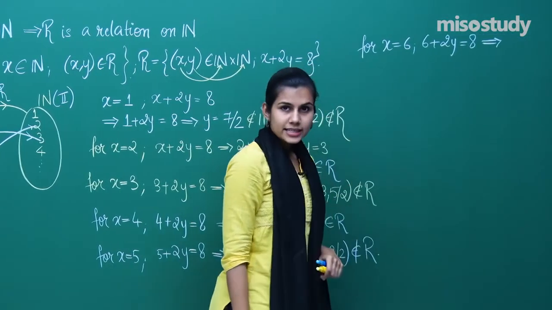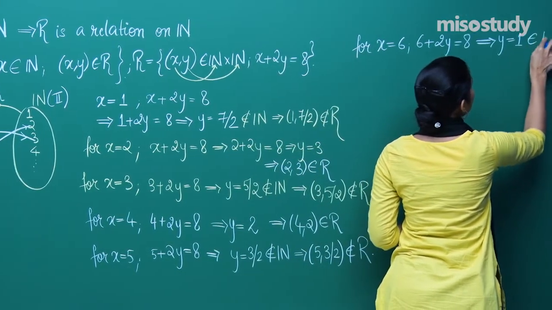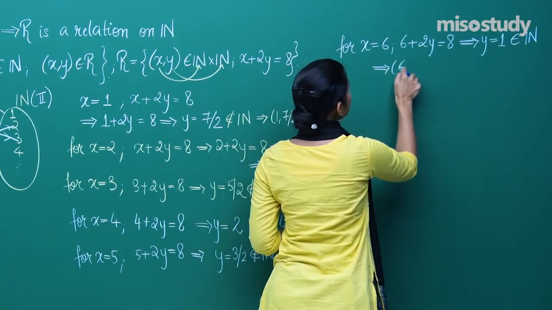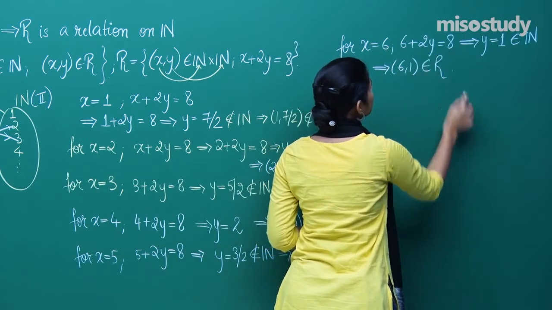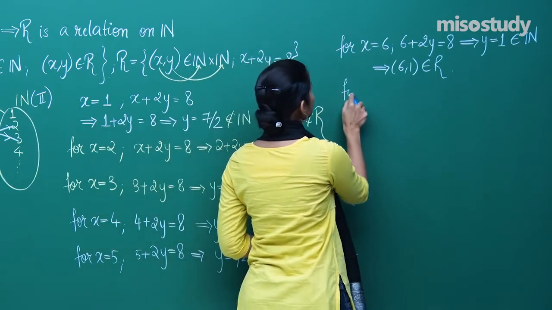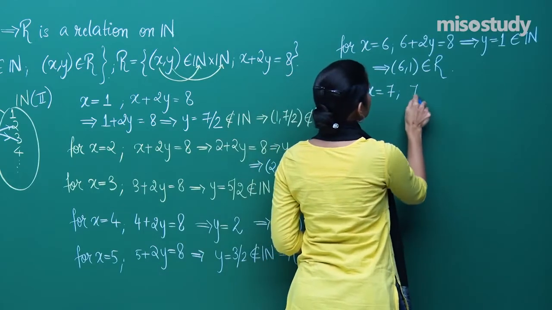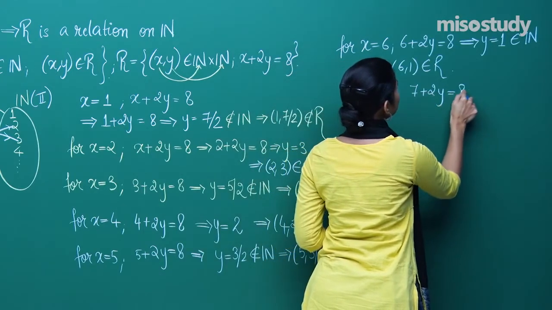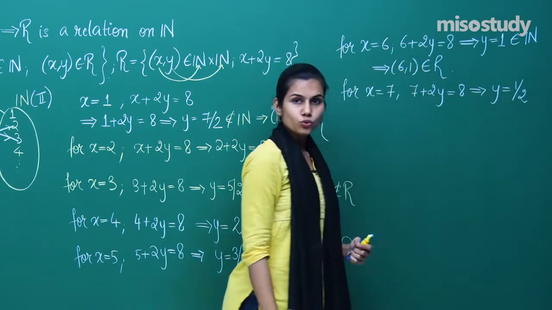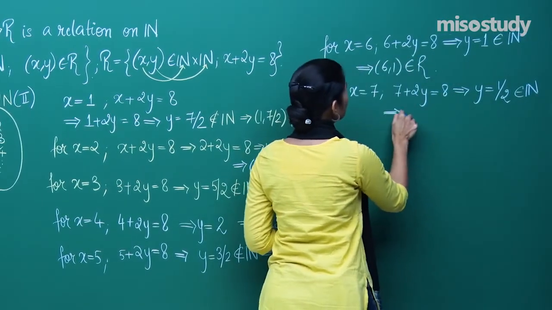Now 8 minus 6 is 2, so y comes out to be 1, which is very much inside the set of naturals, and this means 6 comma 1 is sitting inside the relation R. If I try for x equals 7, I have 7 plus 2y equals 8, making y equals 1 by 2, which is again not a natural number.